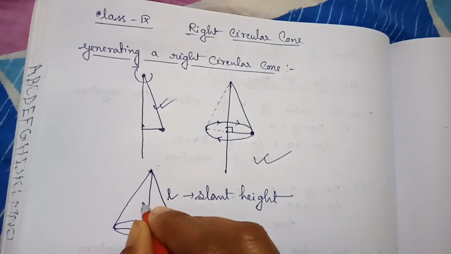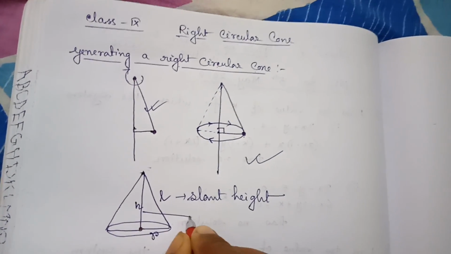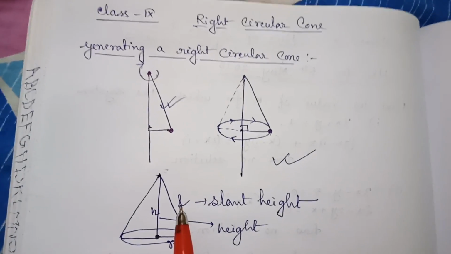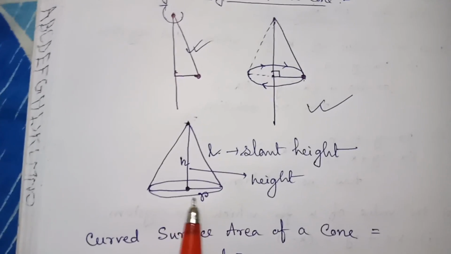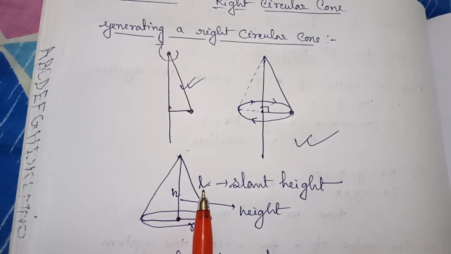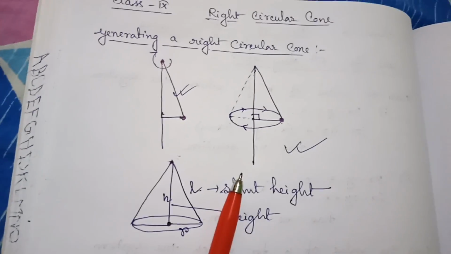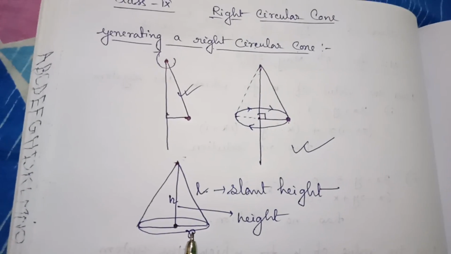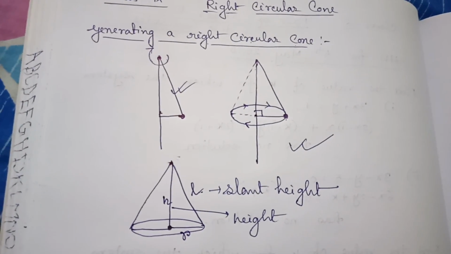And this perpendicular will be h, this is only height. So there are three notations in one right circular cone: h, height of the cone; l, slant height of the cone; and r, radius of the circular base.